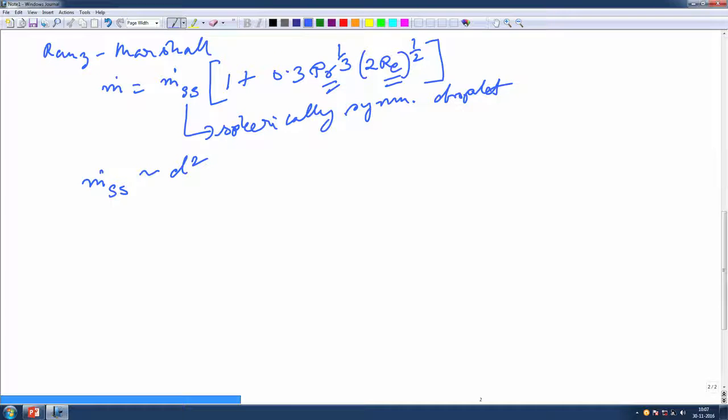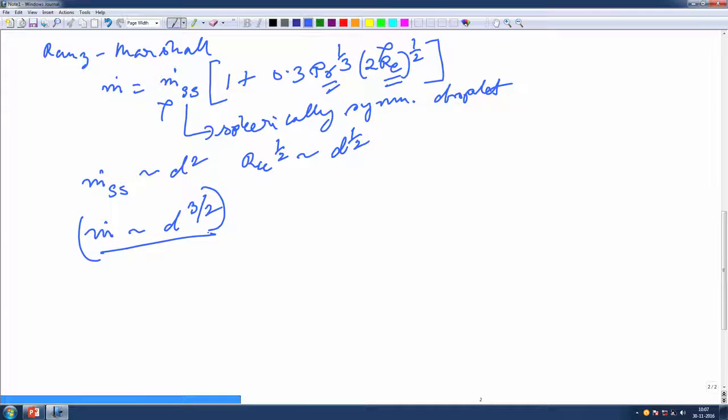Now, Reynolds number to the power of half is a function of what? That scales as d to the power of half. So, your m dot basically scales as d to the power of 3/2, because it is a multiplicand of this with that. If you multiply the two, this will be d to the power of 3/2 for large Re.